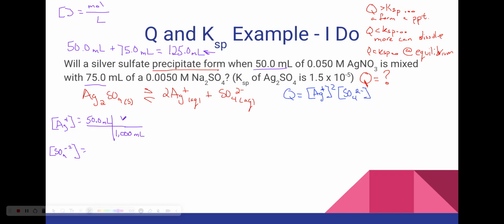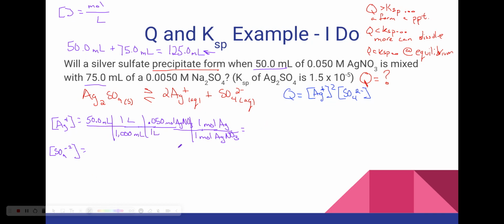That's 1 liter on top, and 1 liter on the bottom is going to be 0.5 moles of silver nitrate. If we look at our dissolution, 1 mole of silver nitrate equals 1 mole of silver. For every 1 mole of silver nitrate that breaks apart, it forms 1 mole of silver.